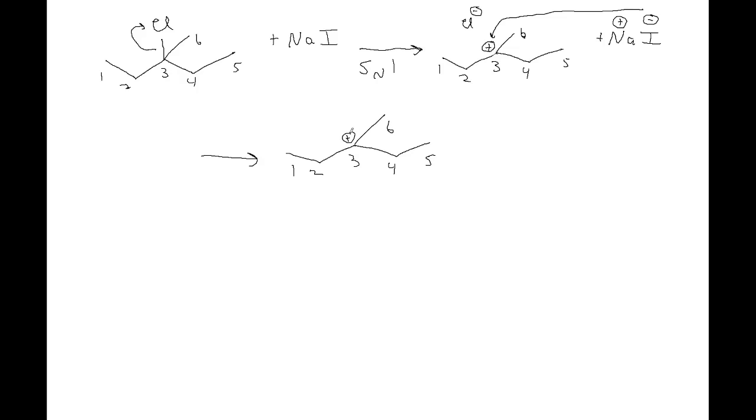So how should I modify this picture to show the product? You form a bond between iodine and carbon 3, and you get rid of the formal charges on both of them.